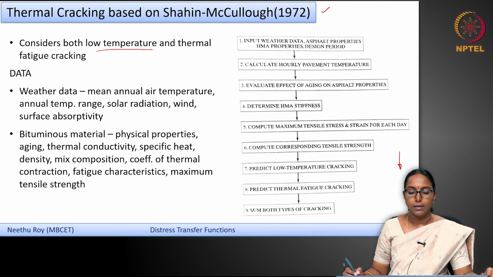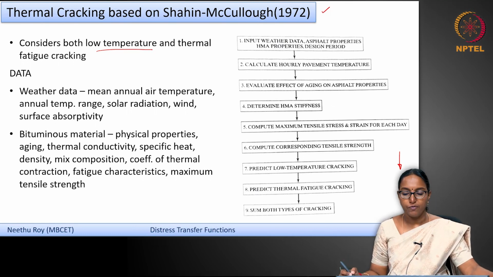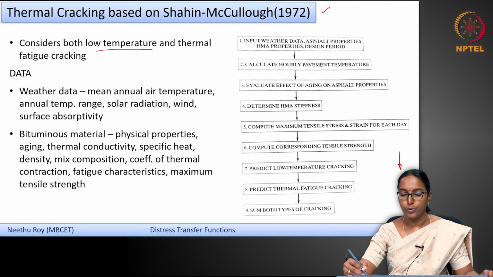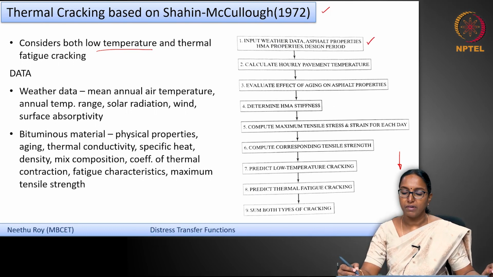So I'll quickly discuss what this process is. First of all, you have to give the input data. Input data includes weather data, the material properties, the HMA properties, and the design period.